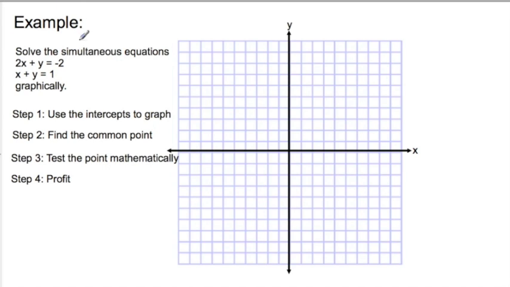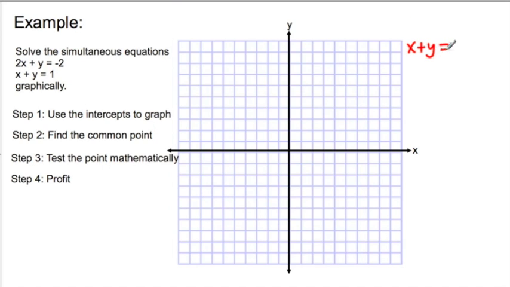Let's take a look at an example and we'll talk about steps at a time here. I could create a random table of numbers and eventually I'm sure I could find solutions to both the equations. However, what I'm going to do is solve these simultaneous equations graphically. So the first thing I'm going to do is work with the equation x plus y equals 1.